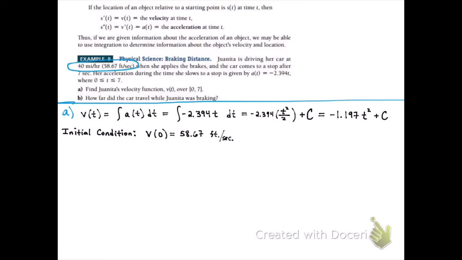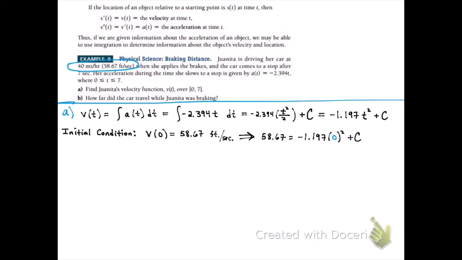Now I want to use the feet per second instead of miles per hour because here time is measured in seconds. T is measured in seconds. So now to find c, I just plug t equals 0 into my velocity function, and I set it equal to this, and I can solve for c.